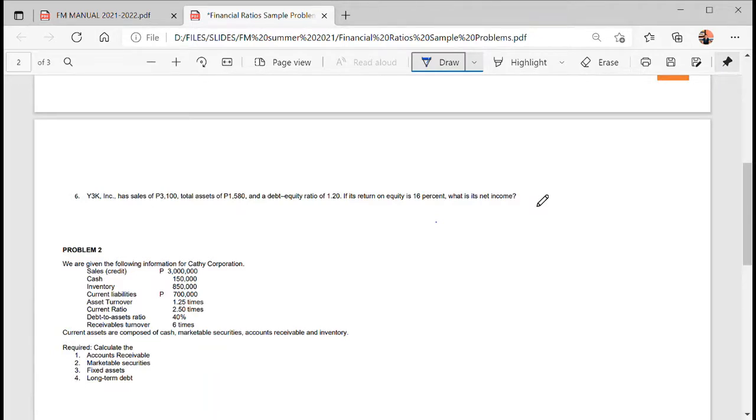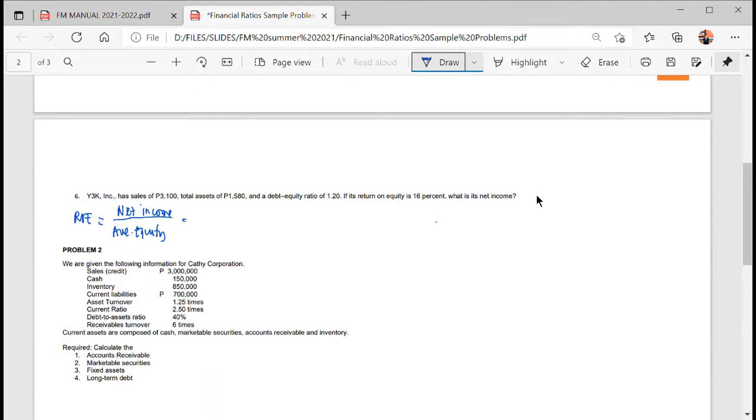In your ROE, can you derive the net income from the ROE formula? The ROE formula is net income over average equity. So the question is the net income.